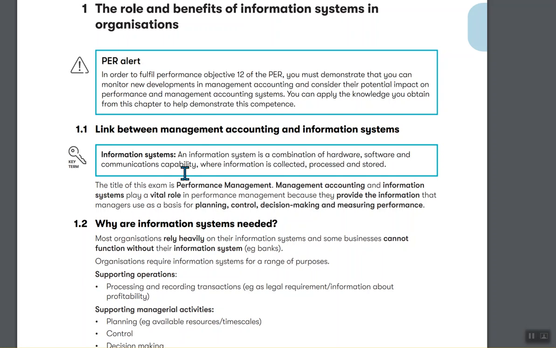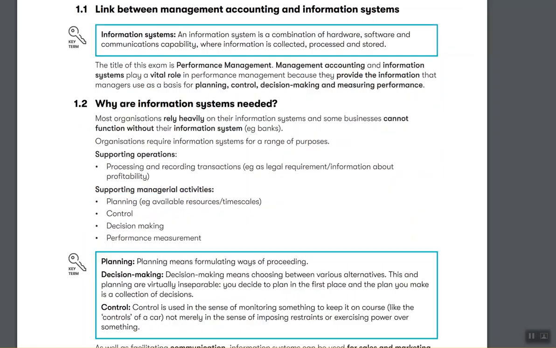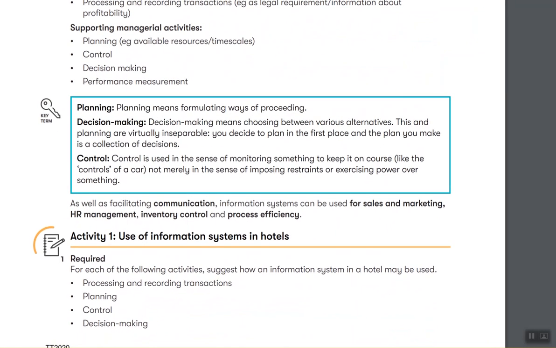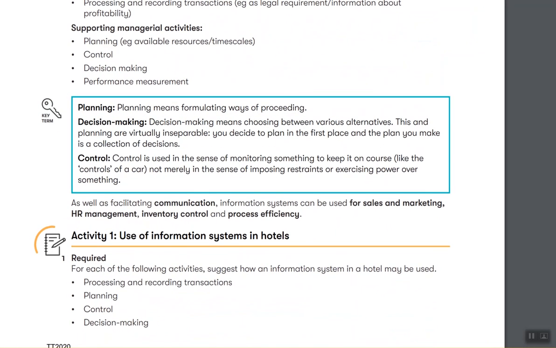Okay, the first thing is information system. So information system involves all the software, the hardware, and everything that an organization has for collecting information. A financial accounting system is also an information system that produces budgets and stuff. Remember there are 3 things that an organization does: planning, decision making, and control.